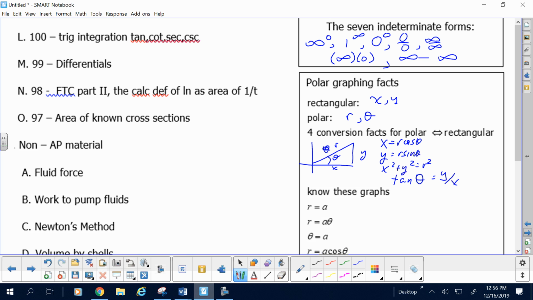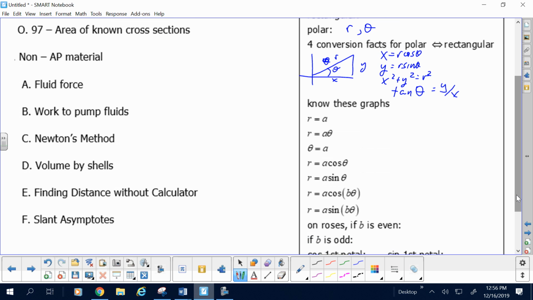Okay? You should recognize these equations and know their graphs just by looking at the equation. R equals A is a circle, symmetric at the origin. R equals A theta, spiral. Make sure you graph at the axes.